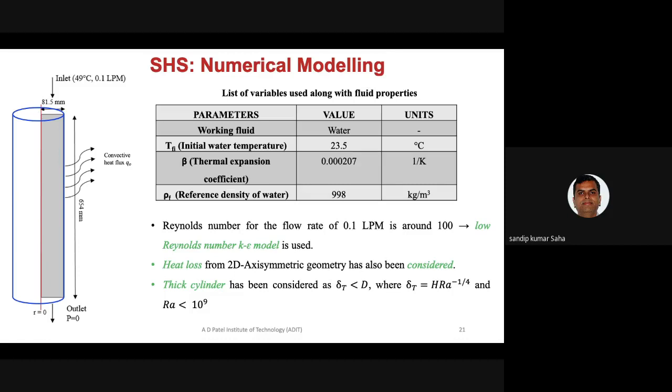But one thing I must tell you here: although your Reynolds number may be around 400 or 500 based on the inlet diameter, we still employ the k-epsilon model in this case, because our intention is to identify the thermocline profile, or the sharp change at the interface from hot fluid to cold fluid. Now what happens is that at that interface all types of fluctuations, or all types of turbulence, happen.